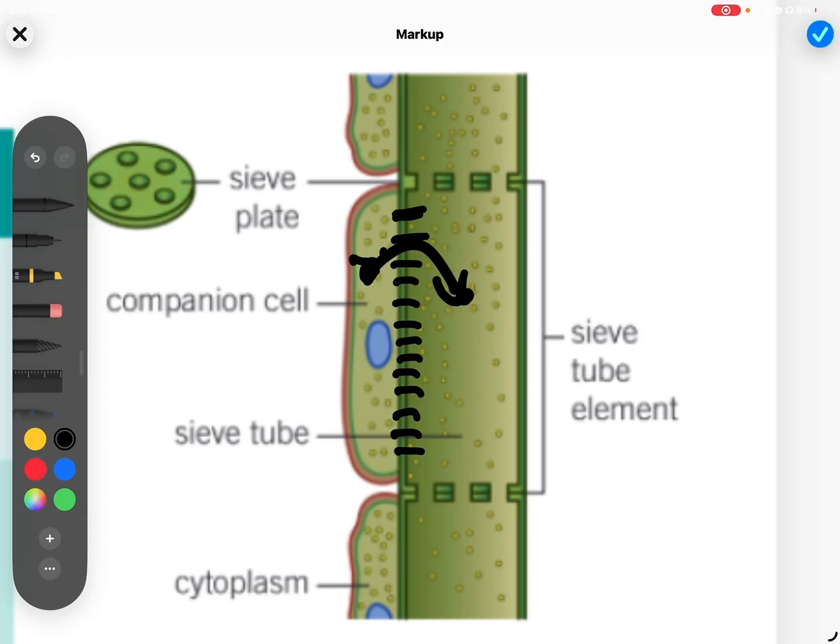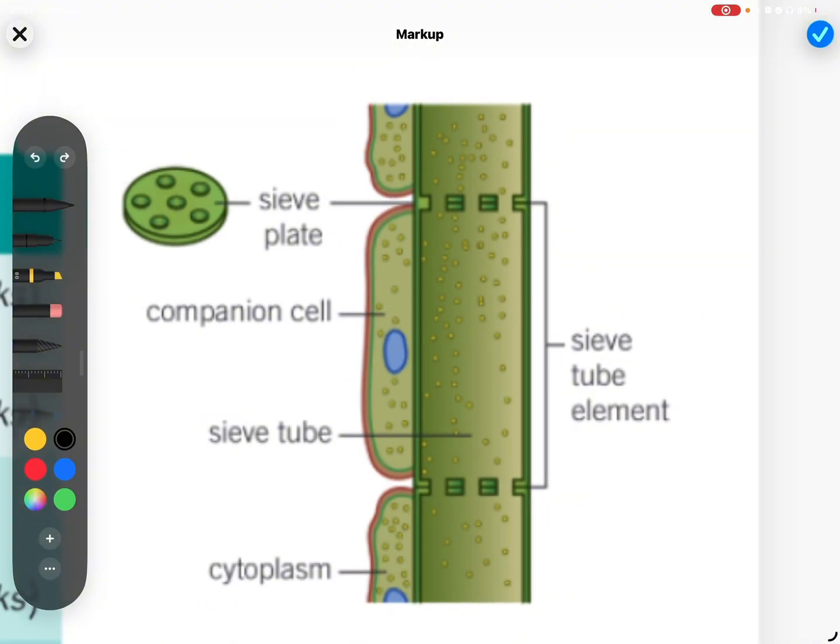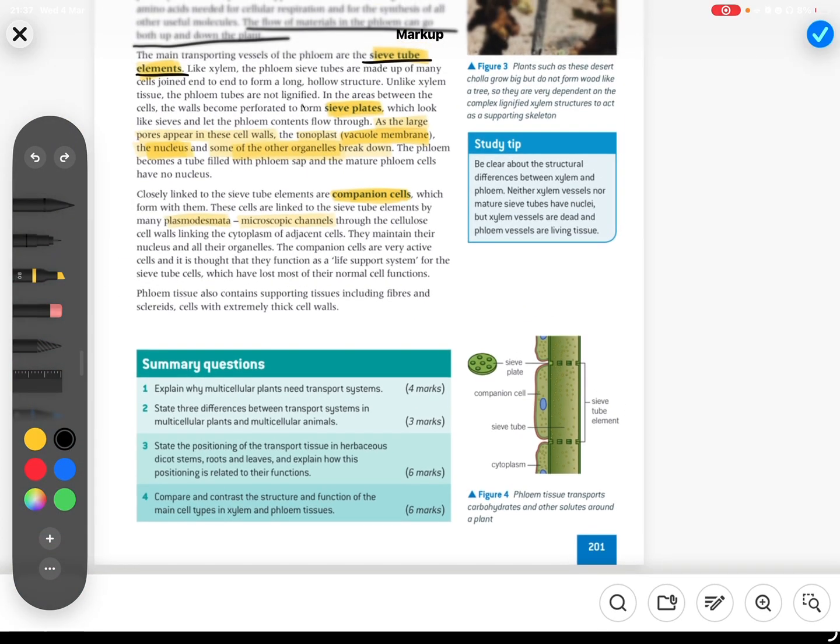It doesn't give the nucleus, but it supports this cell with its own stuff. It is the life support system for the sieve tube elements, because they've lost their function as normal cells and need to receive what they need somehow, and they do it with companion cells.